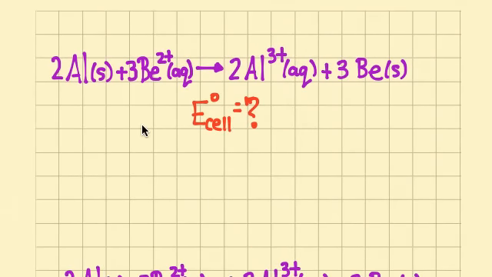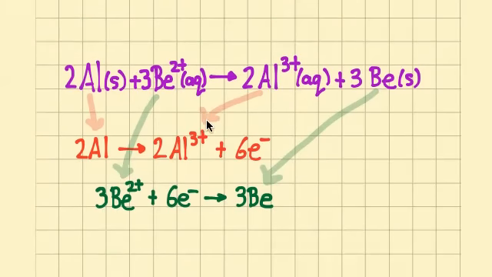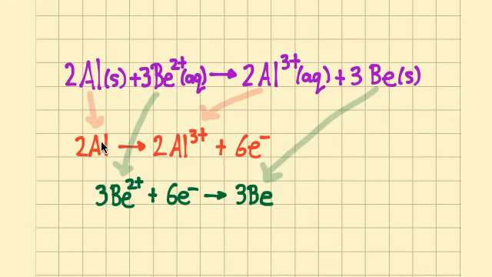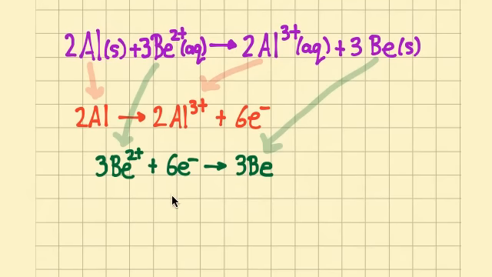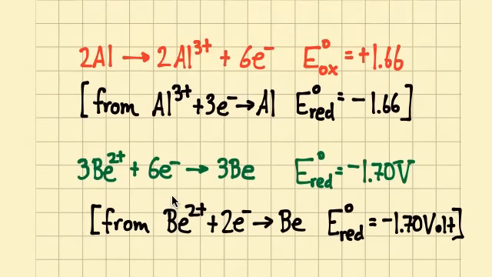What about the aluminum, aluminum 3+, beryllium 2+, beryllium battery? What kind of cell potential will I get out of that? Well, I pull out the half reactions: aluminum goes there, aluminum 3+, lose electrons; beryllium 2+, beryllium. There's a 3 in front, there's a 3 in front, I figured it would be 6 electrons, and yeah, those would add back together to cancel the electrons.